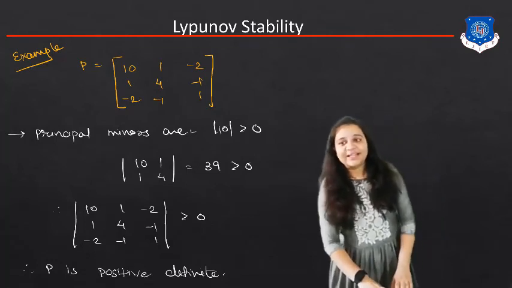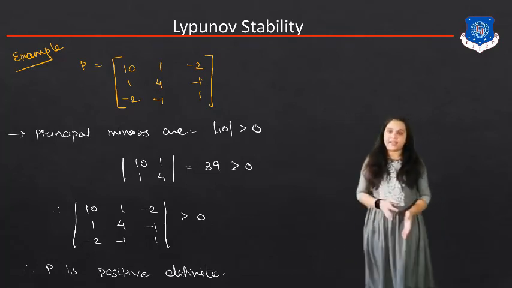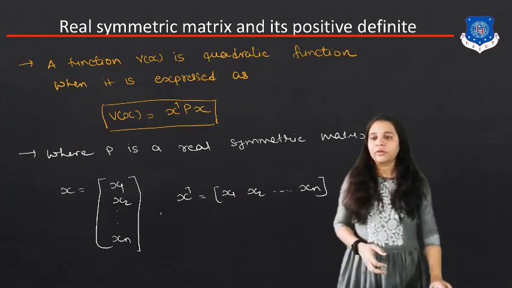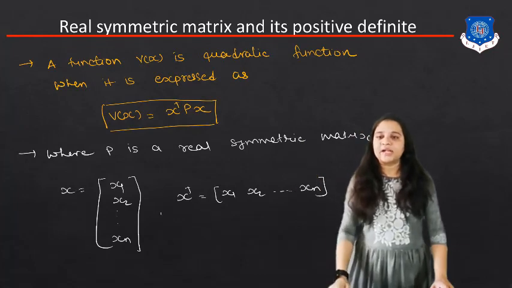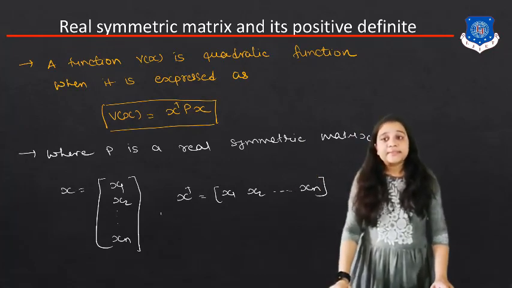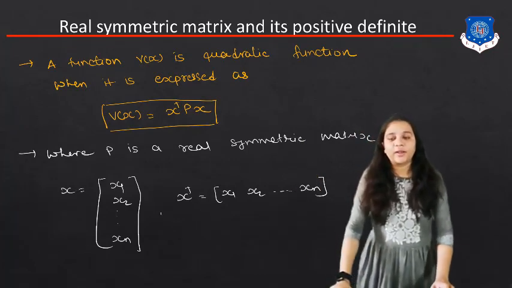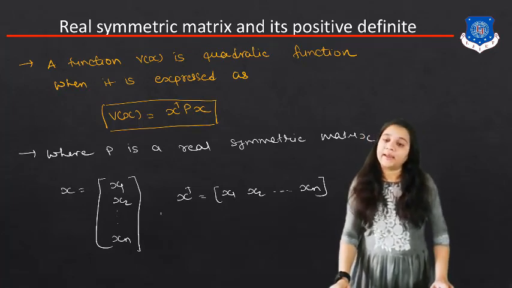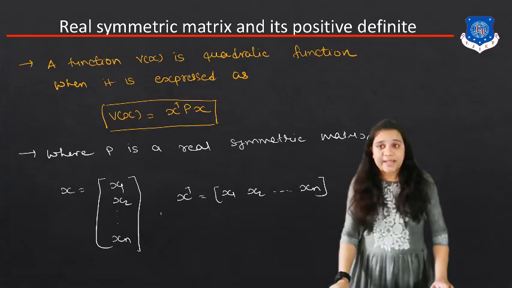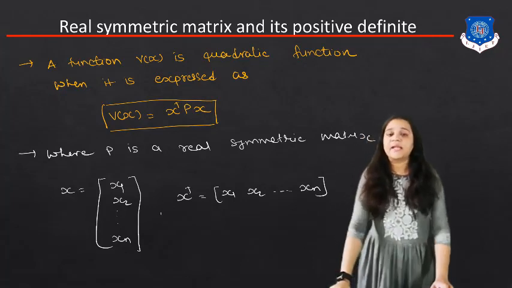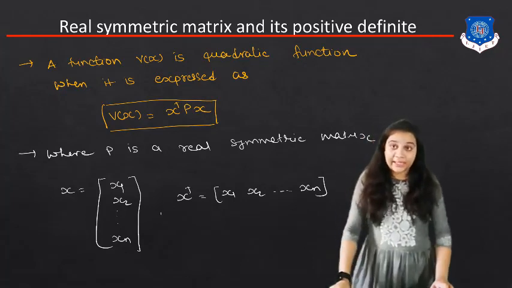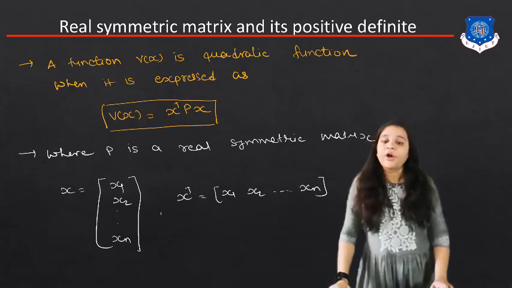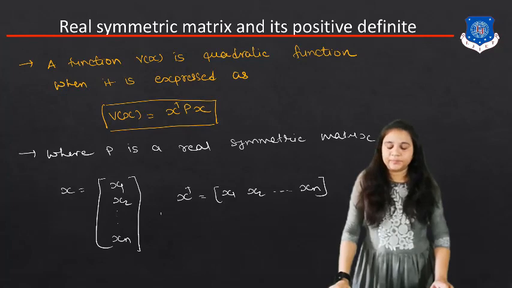Okay, so using the conditions of V(x) and the equation V(x) equal to x transpose P x, we can easily identify whether a given system is positive definite, negative definite, positive semi-definite, negative semi-definite or indefinite, as well as whether the system is linear or non-linear.